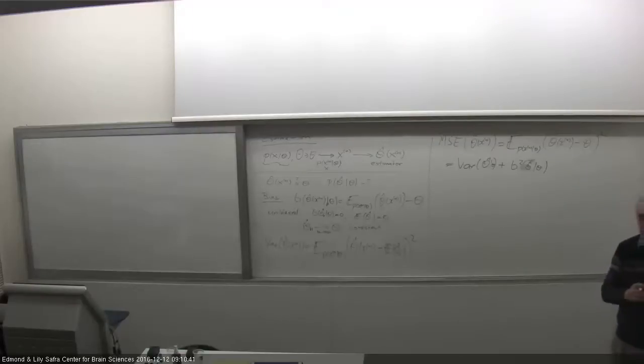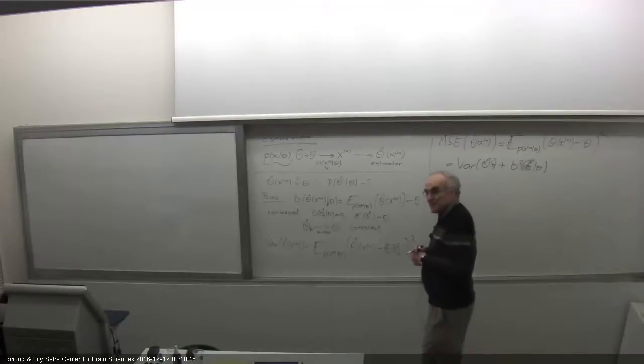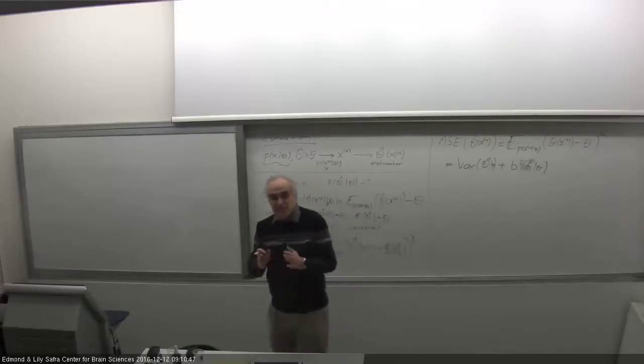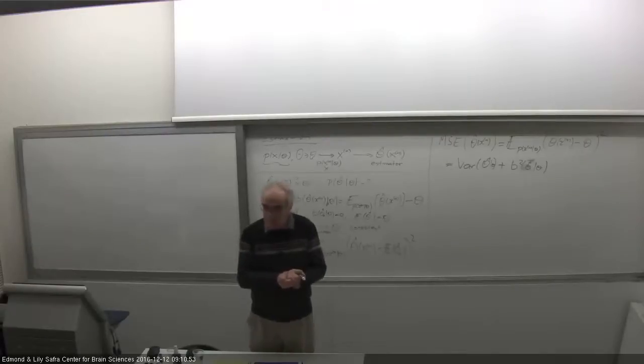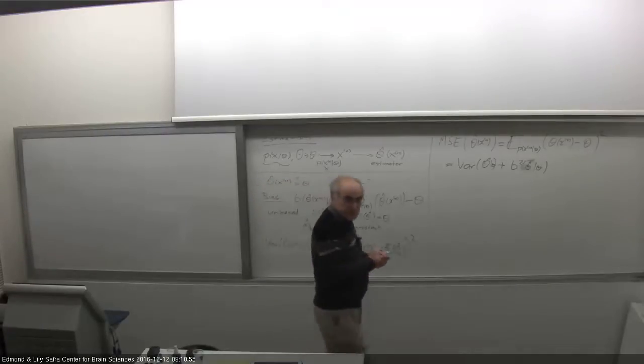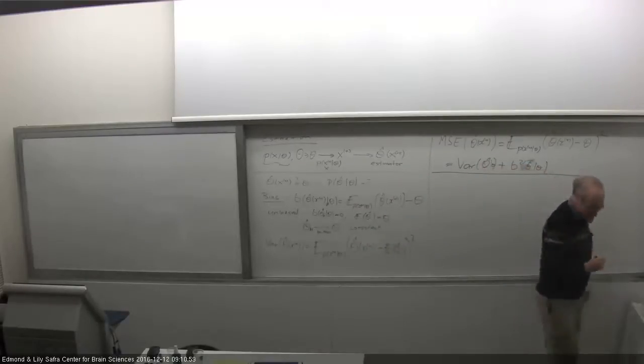We care more about the variance, the MSE, than the bias. And if we are paying a lot in the variance by reducing the bias too much, we may want to use biased estimates. Not only we may want, the brain may want. This is a good idea.